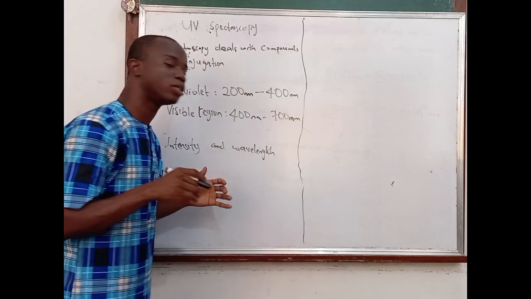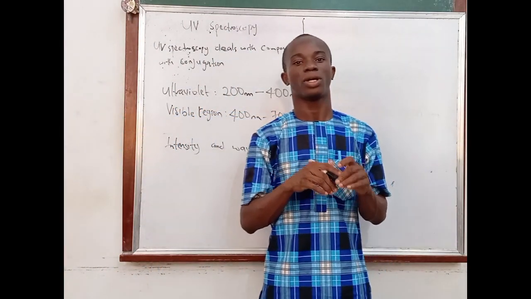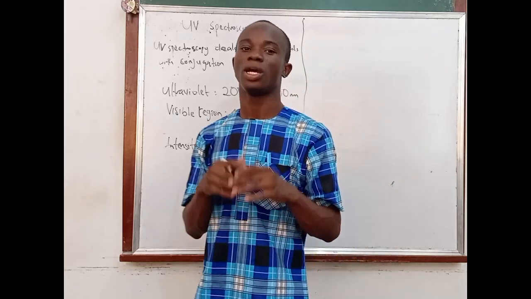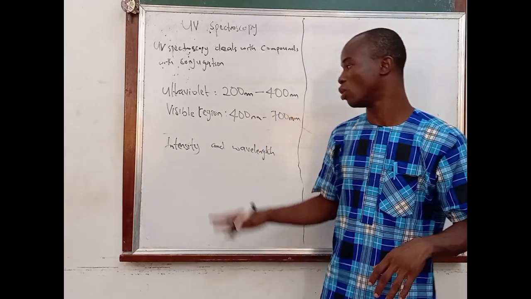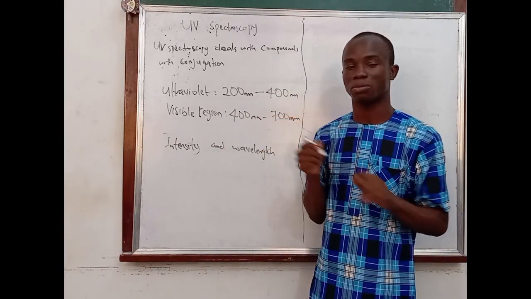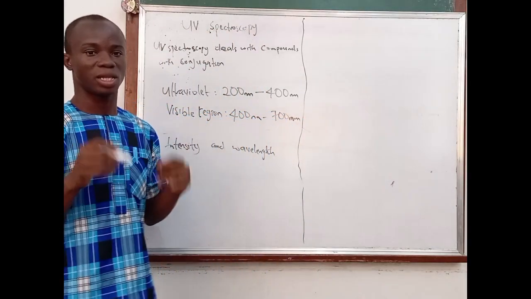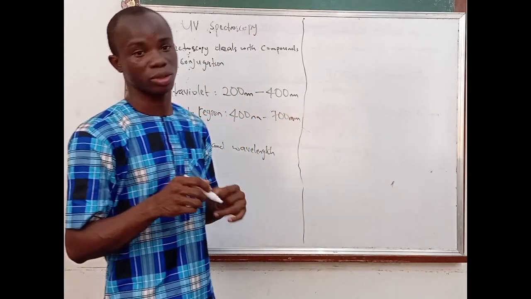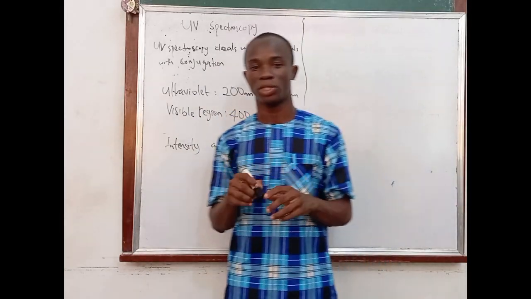Now, for absorptions under UV spectroscopy, an absorption can be symmetry forbidden, or it can be symmetry allowed, depending on the value of molar absorptivity. When the molar absorptivity is less than 1000, there is a tendency that the absorption will be symmetry forbidden.